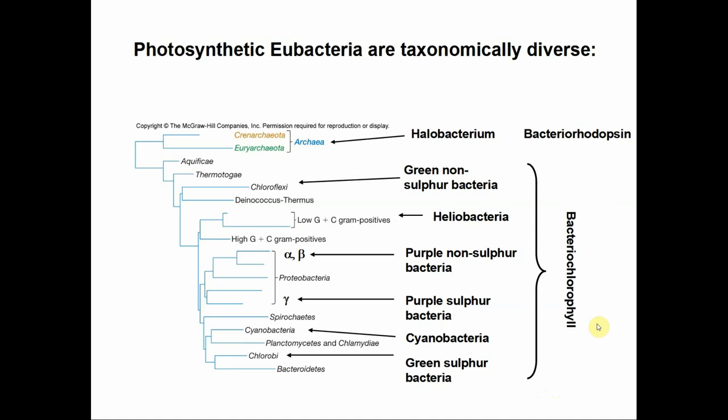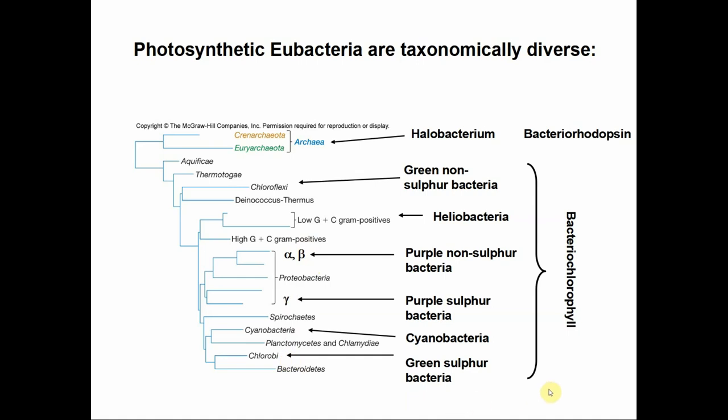And when you look at the phylogenetic position of the different types of photosynthetic bacteria, you realize that they're all over the place, okay? Chloroflexi is up here in one of the basal taxa. Heliobacteria are gram-positive, and the other photosynthetic bacteria are all gram-negative, but they're scattered around in different major groups of gram-negative bacteria.